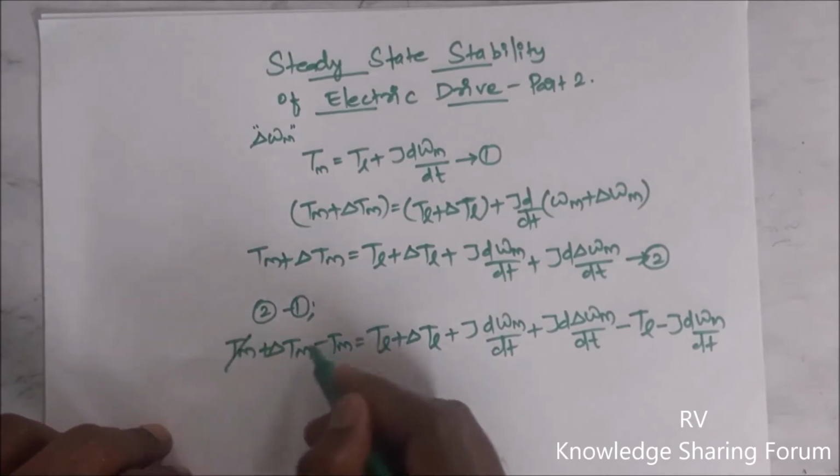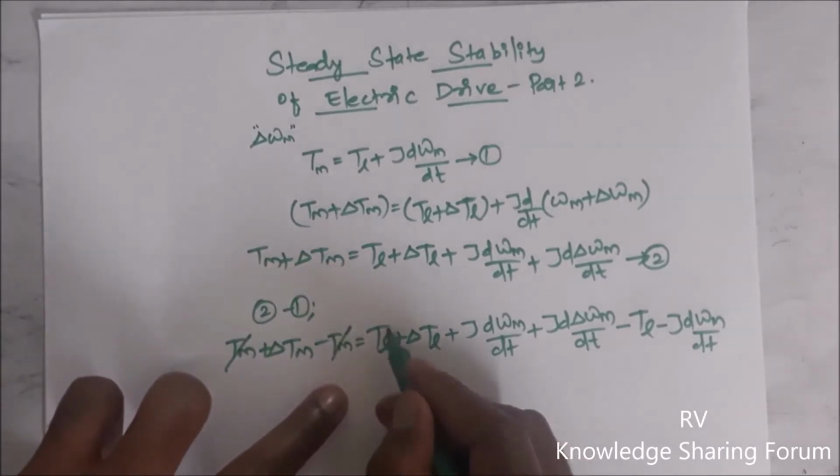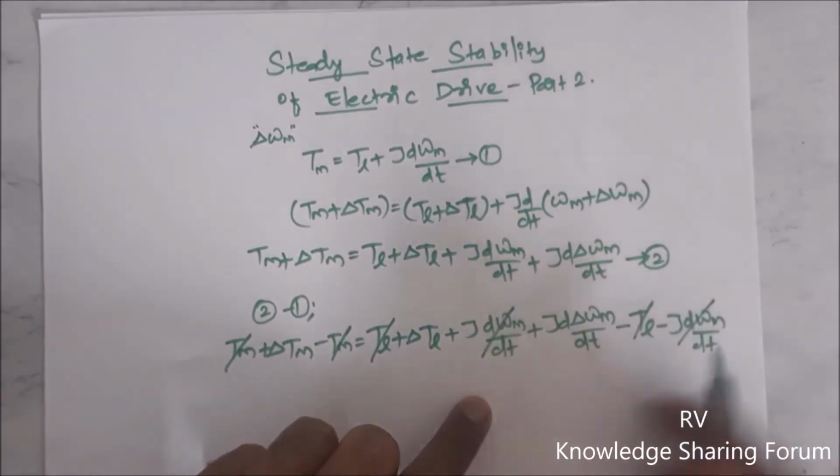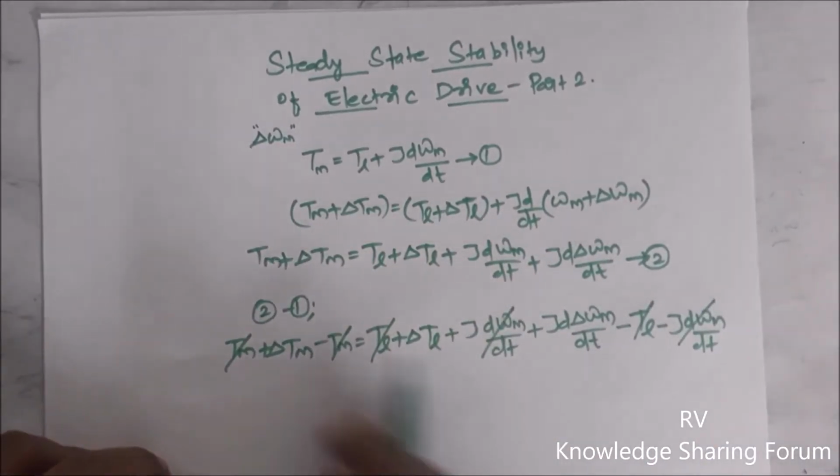Now here Tm cancels with Tm, TL and TL cancel with each other, and J d omega m by dt and J d omega m by dt cancel with each other.